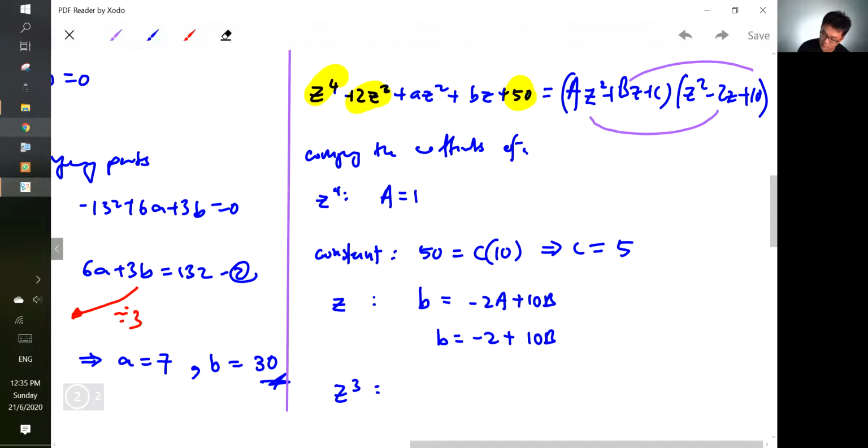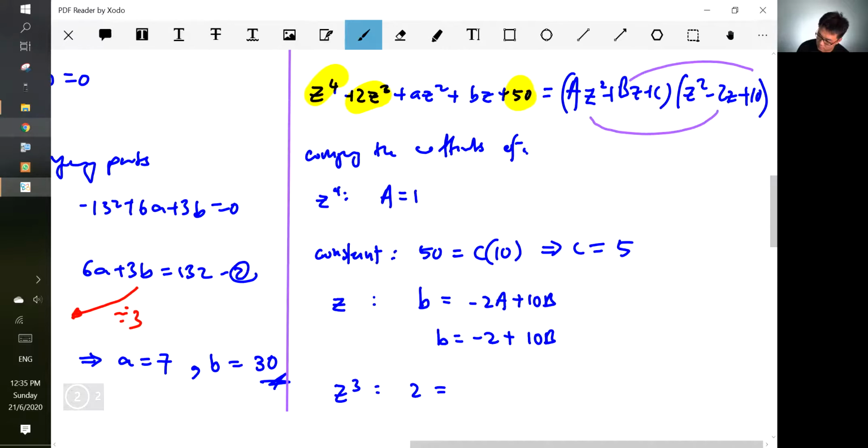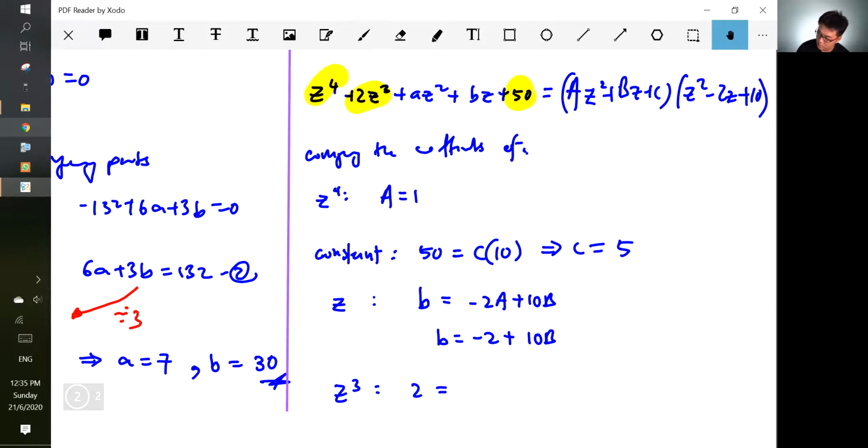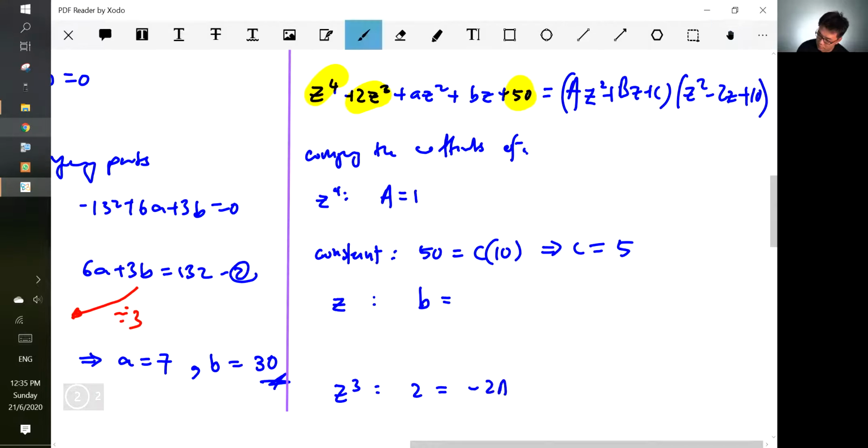Z cube here is 2. So you have got z cube will be, I used the wrong one, sorry. Z cube will be minus 2a, minus 2, 1 plus b z cube. So this will give it a lah, straight 1 2 4, so b is equals to 4.